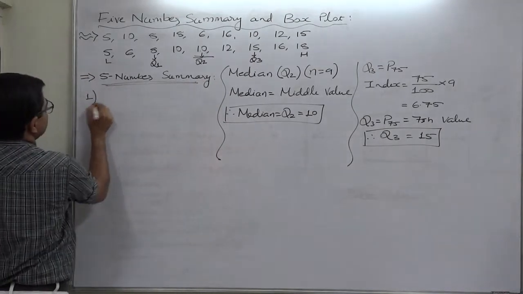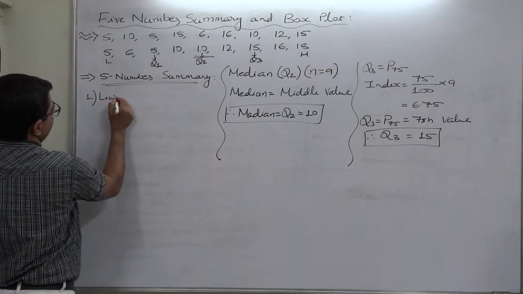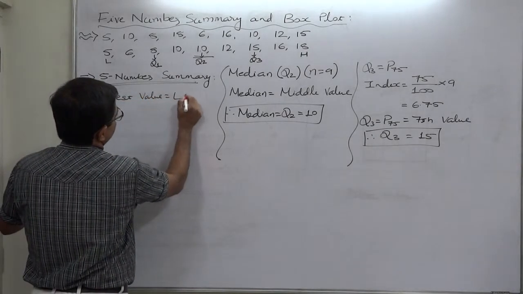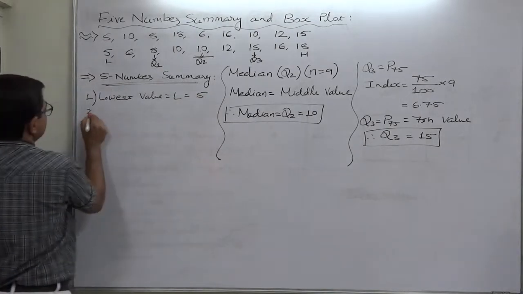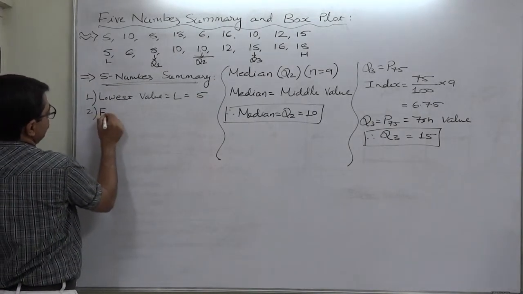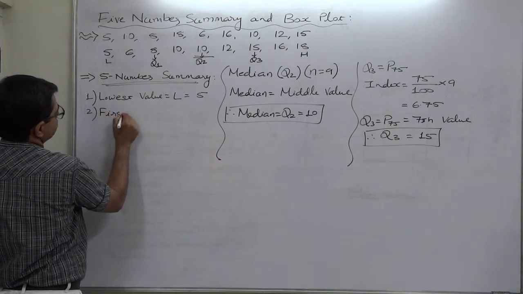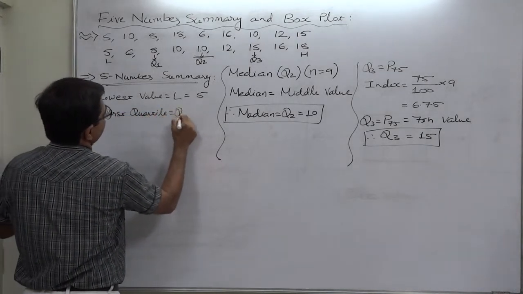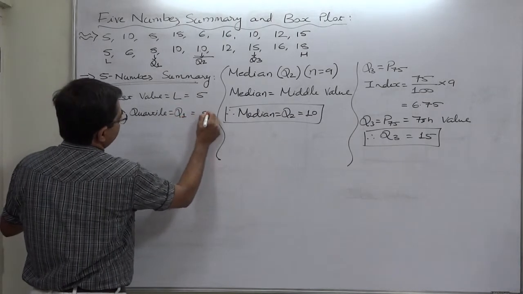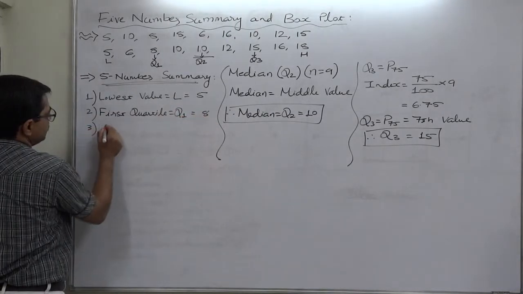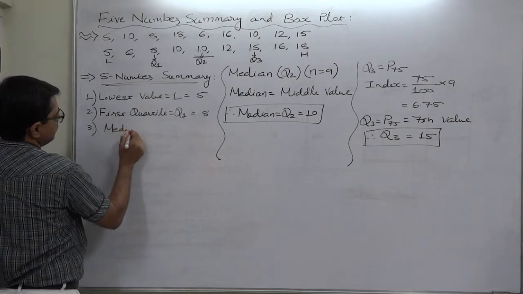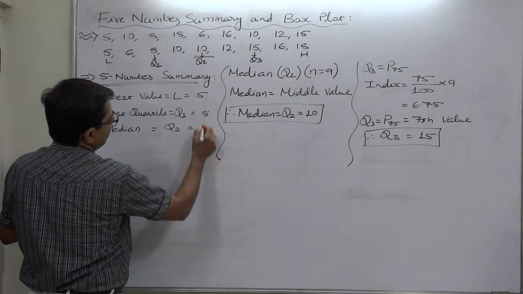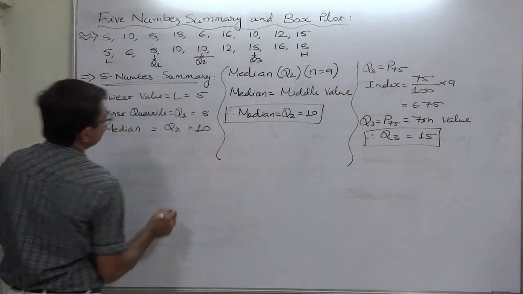The first is the lowest or smallest value, L, that is 5. The second is the first or smallest quartile, that is Q1, it is 8. Number 3 is the median or second quartile, that is Q2, and it is 10 in this case.